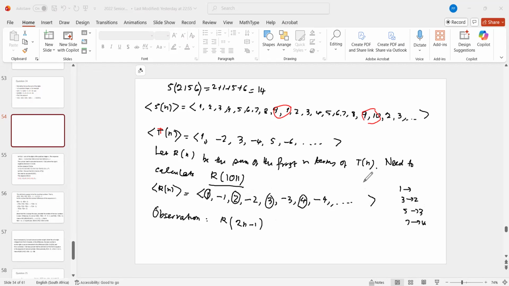The odd numbers can be written as 2n minus 1 or 2n plus 1. In fact, you can put 2n plus any odd number. But normally it's 2n plus 1 or 2n minus 1. And if I use n equals 1, this becomes 1. N equals 2, it becomes 2, you see.